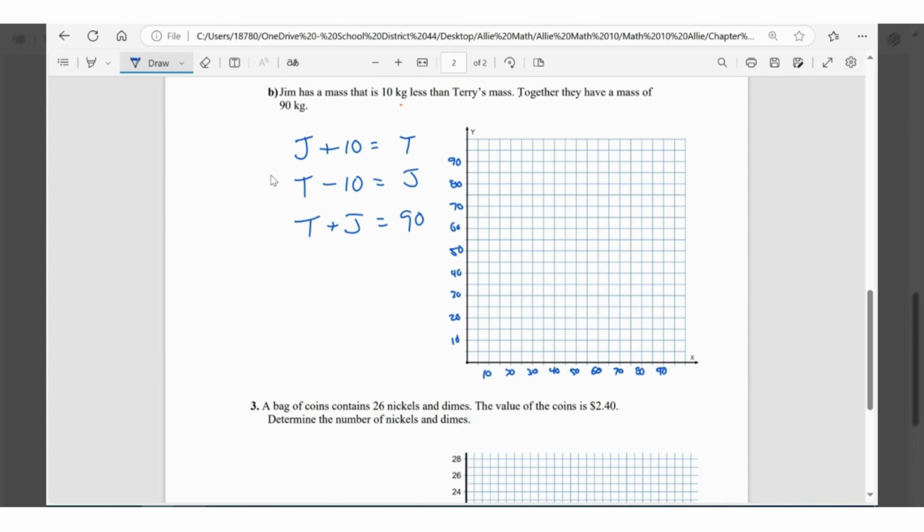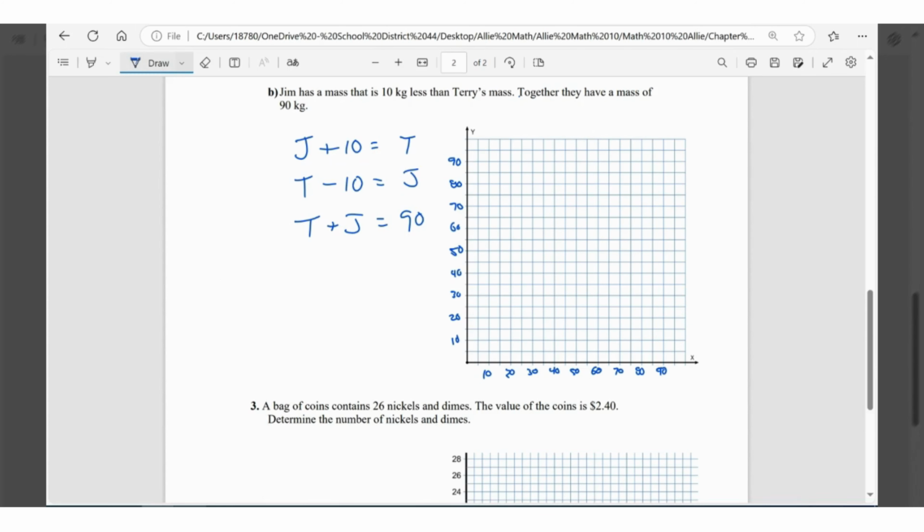I chose these values when I was making these notes. I didn't have us go into the negatives because you can't have negative weight. Very likely you're not even 10 kilograms either, because then you'd be a small child. I guess Jim and Terry could be children, but it seems like they've got adult names.